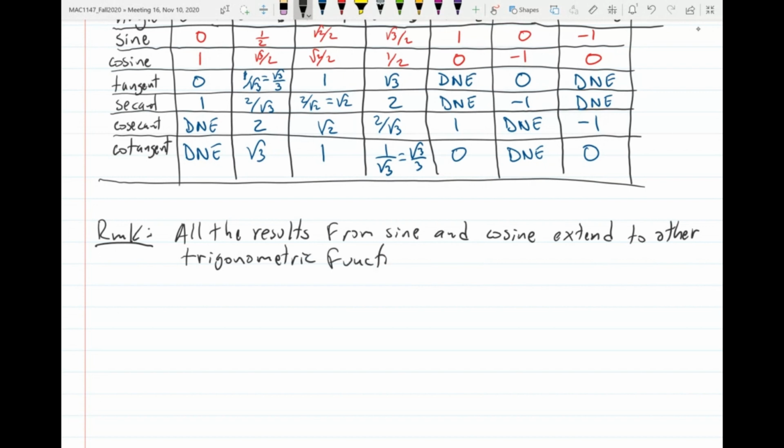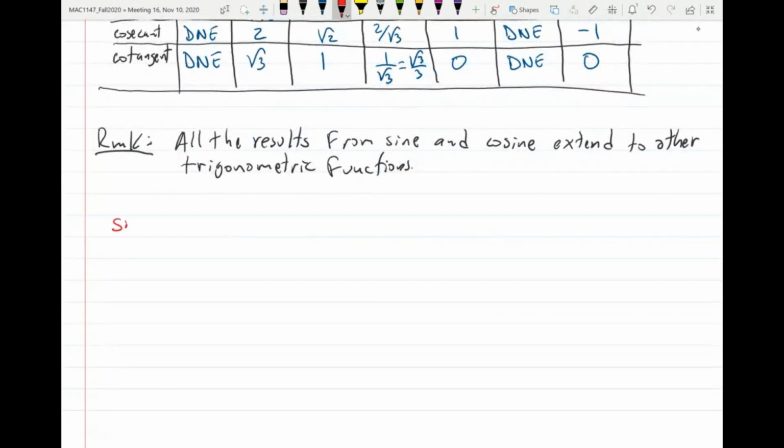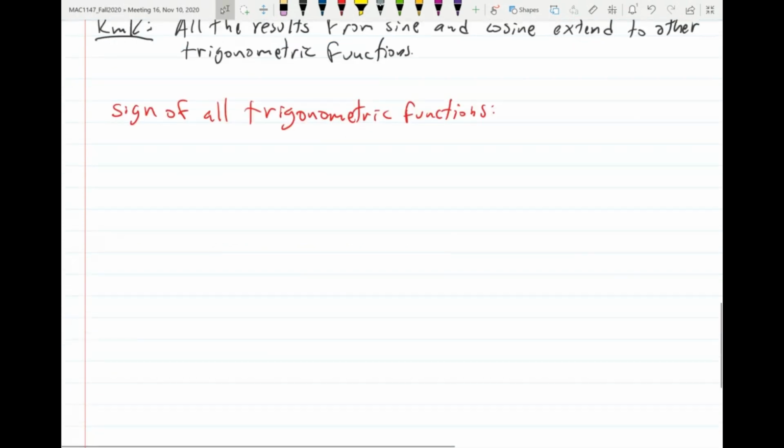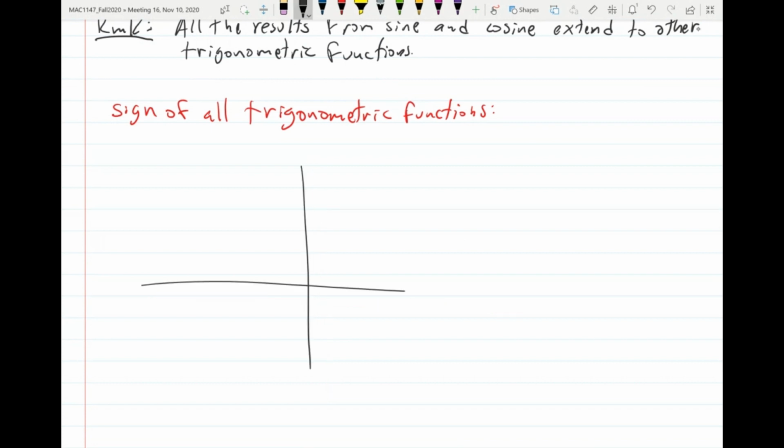In particular, now we can write down the sign of all trigonometric functions, depending on the quadrants. So let's say that here we have our quadrants: quadrant 1, quadrant 2, quadrant 3, quadrant 4.